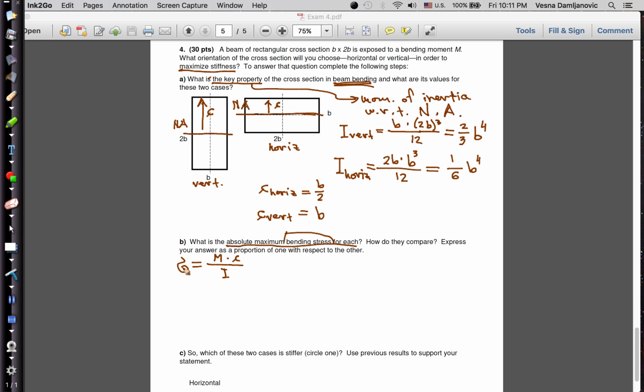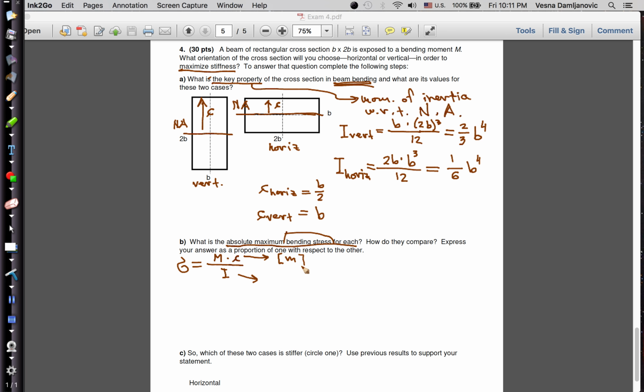Well, yes, but let's just for a moment look at what is important here. The only two quantities here that have to do with the cross section are c and I. In both cases we loaded with the same moment. So the sigma will be affected by both c and I, with c directly and with I inversely. So c is what unit?